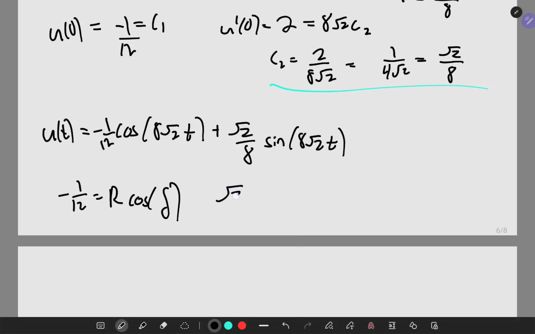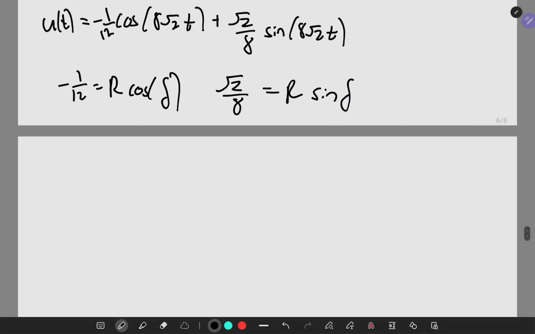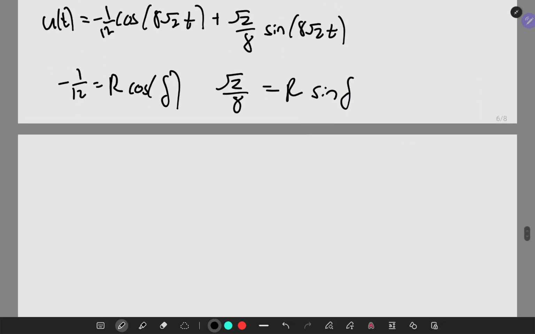We have root 2 over 8 is equal to amplitude sine delta. We need to solve for these. Well, let's solve for our amplitude first, which would be, I'm going to go right ahead and square them already, right? To kind of skip the step there.